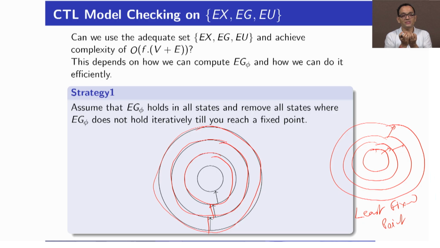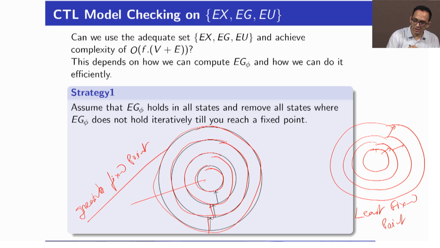I am now shrinking, and finally I will again get a fixed point. That means after that I cannot shrink it further, and this is called the greatest fixed point, because this is the maximum, the largest fixed point possible, since I am shrinking the sets. This is the terminology.